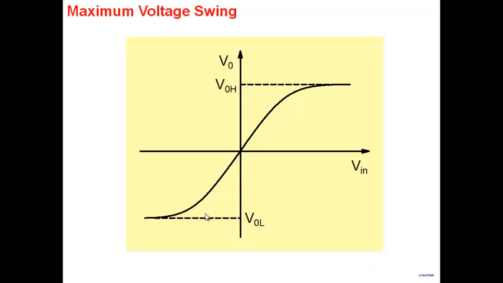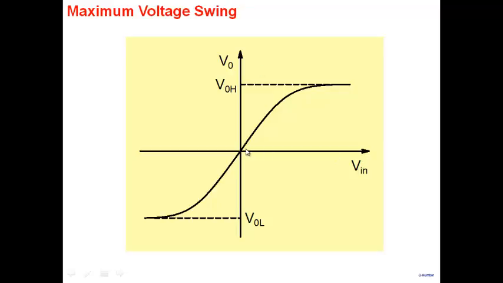Now, talking about output voltage, this shows an output voltage versus input voltage graph. When I'm building an amplifier and I'm writing a linear relationship, I'm saying that if you apply a certain input voltage, you get a certain output voltage. But besides the nonlinearity, there's a limit to how large an output voltage I can get.